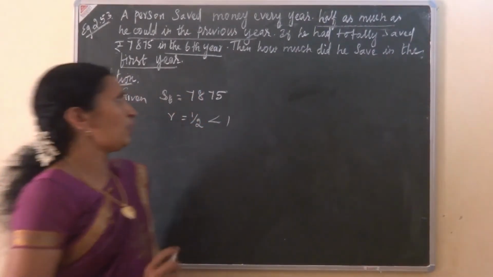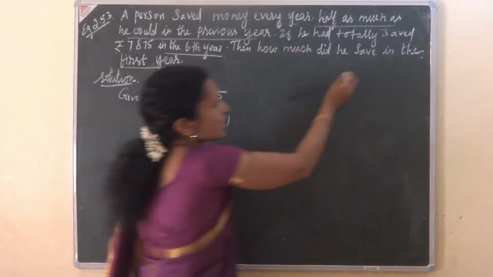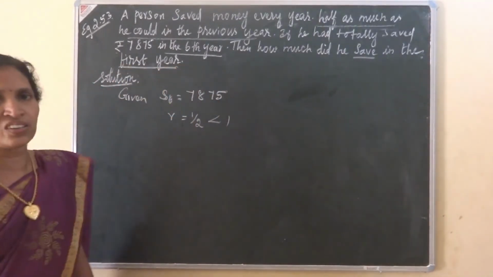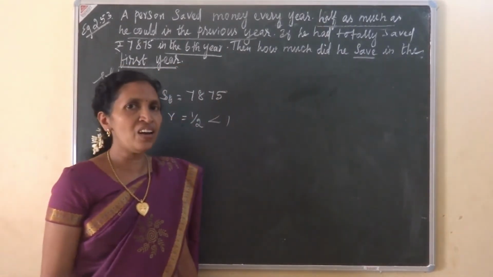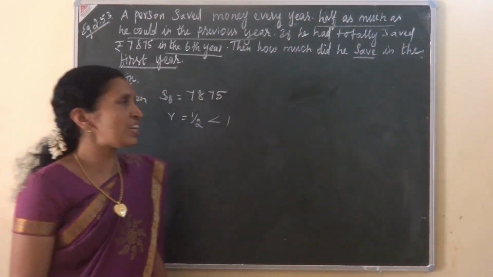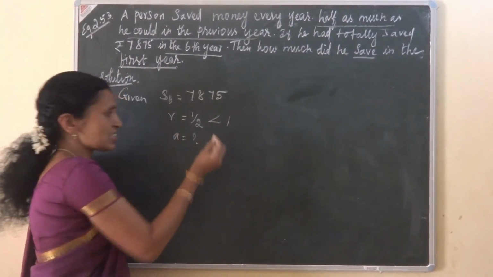That is also given. What they asked: how much did he save in the first year? You have to find the amount he saved in the first year. That is the value of A they asked.